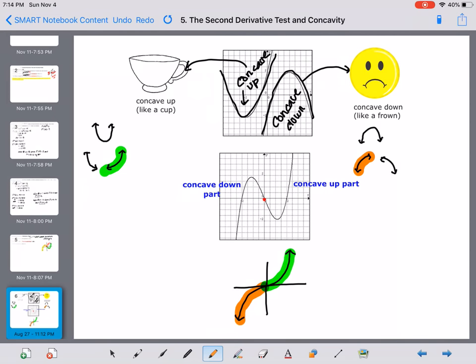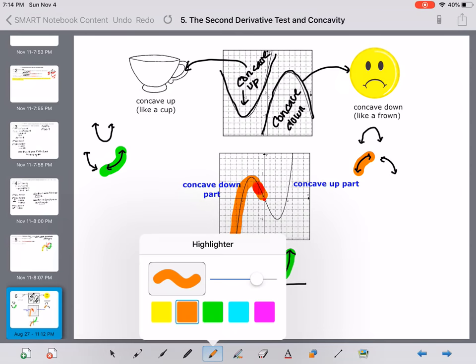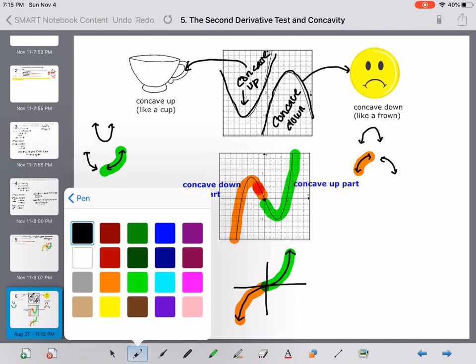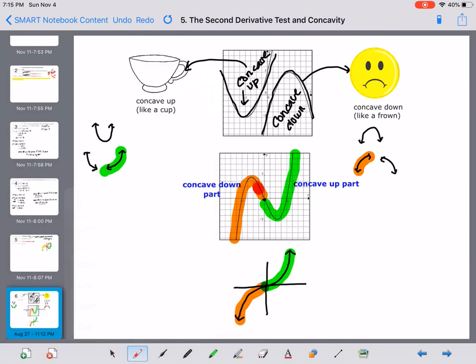Now, if we think about concave down, this part of the graph, I don't know why it turned red there, that was very weird, versus concave up, like that part of the graph right there. And then of course the point at which it's changing, that point right in the middle is our POI.